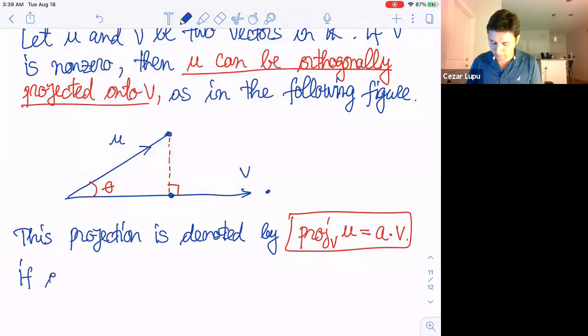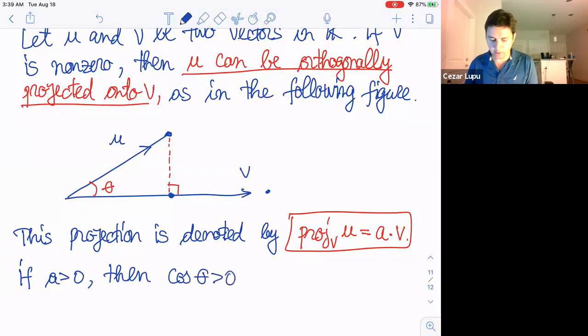If a is positive, then you see that the angle theta is... oh, sorry, the cosine of the angle is positive. The cosine of theta is positive. Okay, great.